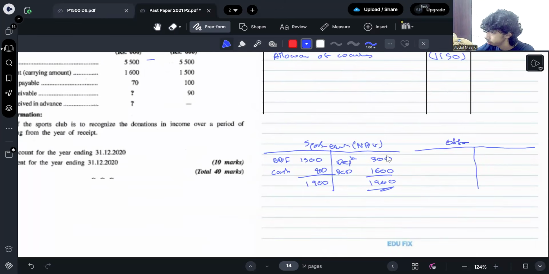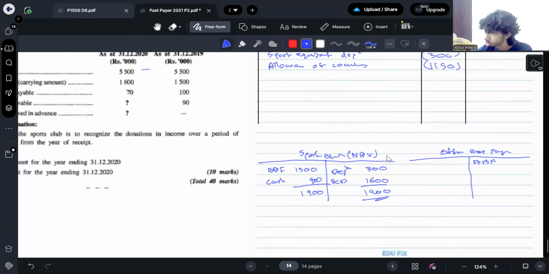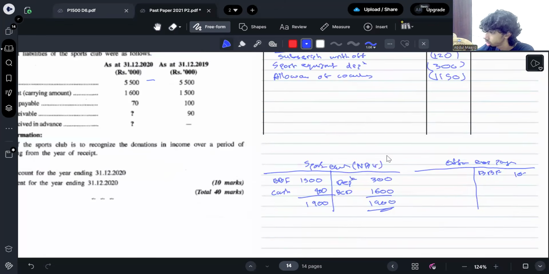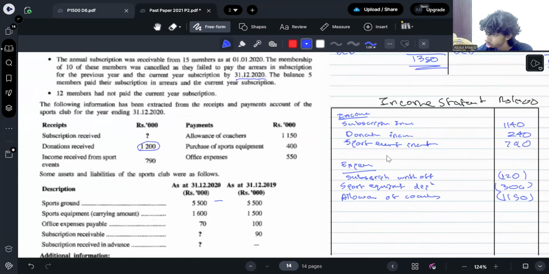Opening payable balance is 100. Closing payable balance 70. For their amount, cash amount will be debit. For their amount, credit, office expense for the year.